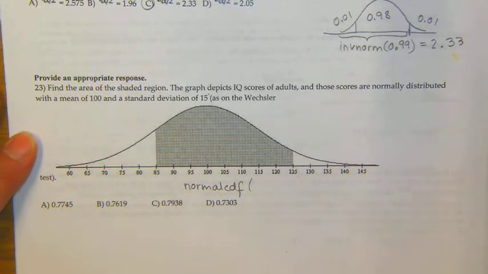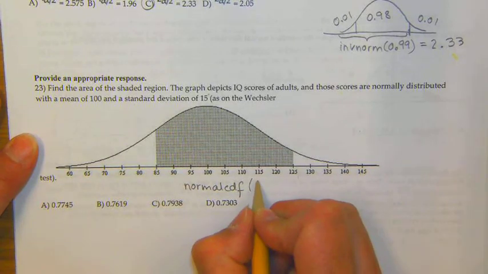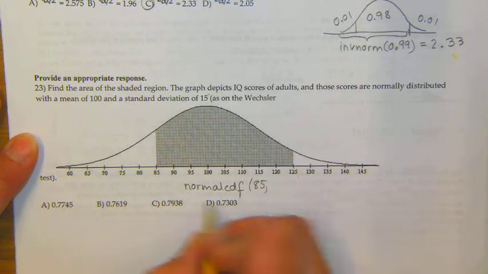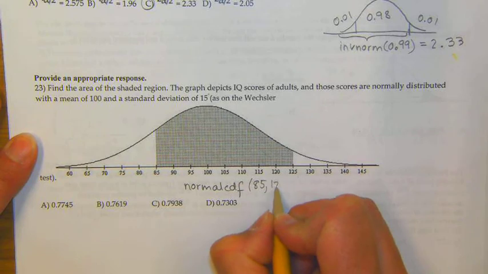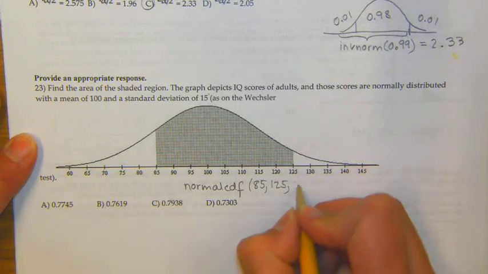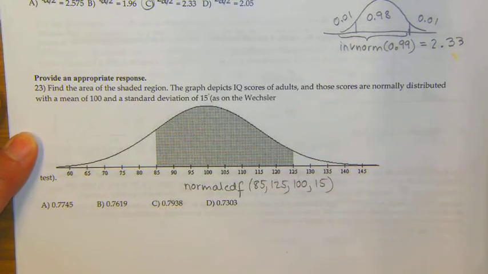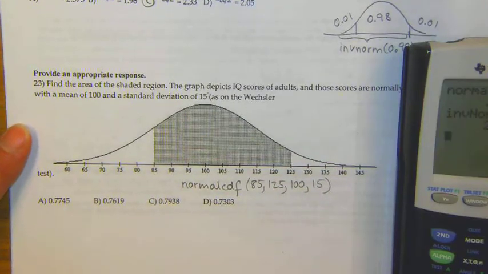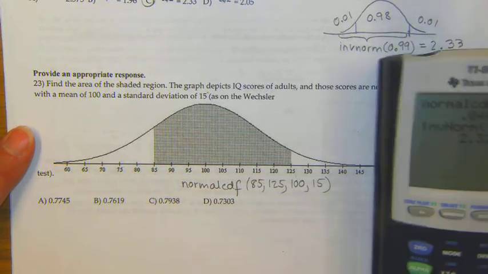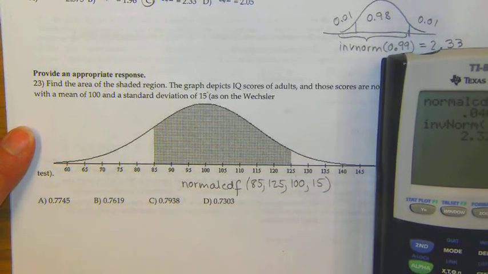Or we can just put in our lower x value, which is 85, and our upper x value is 125, and then enter in our mean and our standard deviation is given above, and that will change our x values to z-scores, and then it will convert the z-scores to an area.